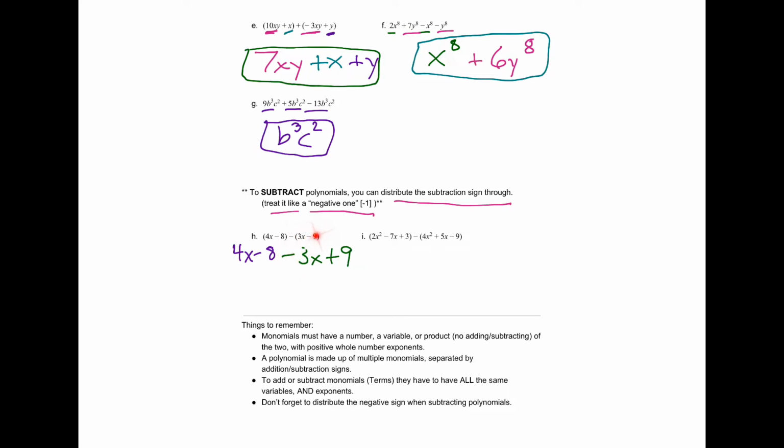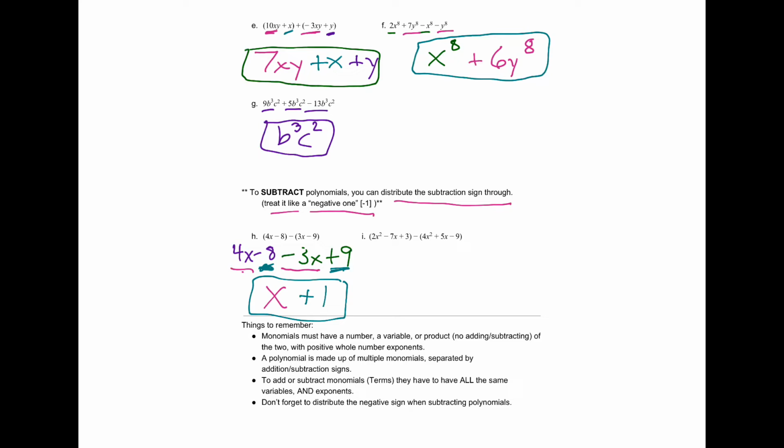You see the 9 was negative, it's now positive. So we're distributing that negative 1. And then it's the same problem that we did in the past. 4x minus 3x is going to be 1x, or just x. And then a negative 8 here and a positive 9 make plus 1. So x plus 1 there.